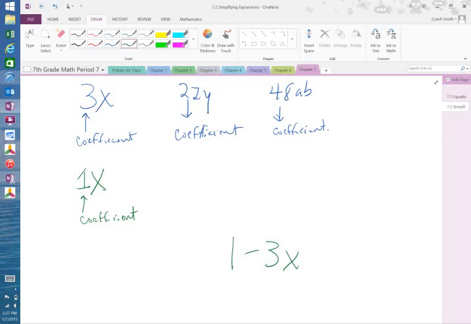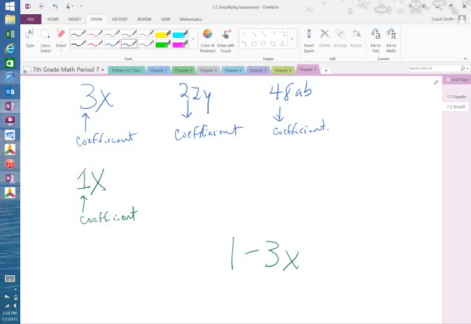Isaiah, what is the coefficient? No, you're guessing right, but I've pulled a fast one on you here. Is that what you were going to guess? 3? Okay. Clay. 2. Is there a 2 anywhere in that problem? Levi, what do you think? No, 1 would be the constant.